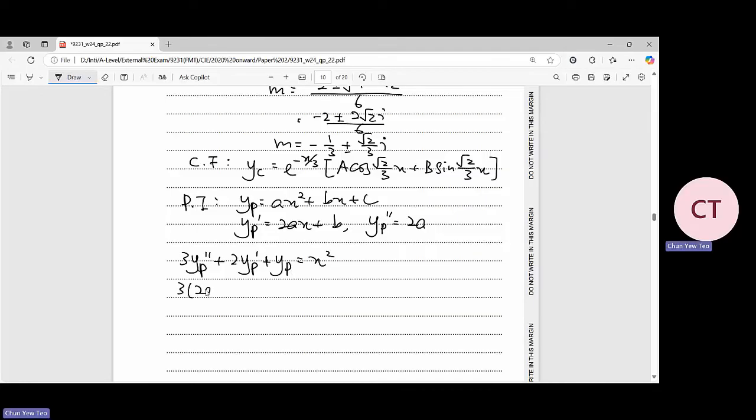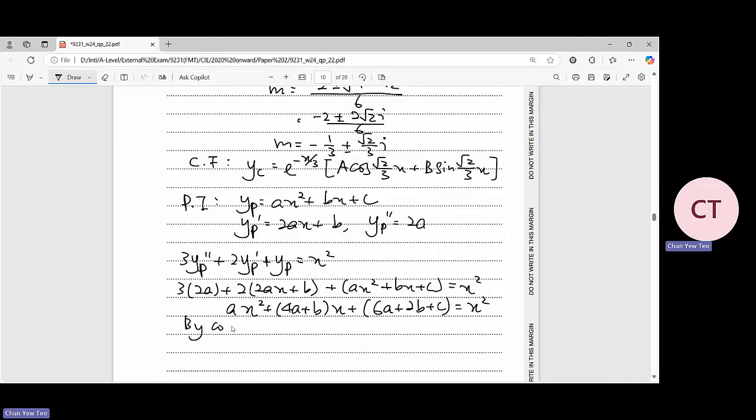So if you replace it inside, you get 2a here. This one you will get 2ax plus b. This one you will get ax squared plus bx plus c, equal to x squared. Rearrange everything, you get ax squared plus the 4a plus b, x plus the 6a plus 2b plus c, equal to x squared.